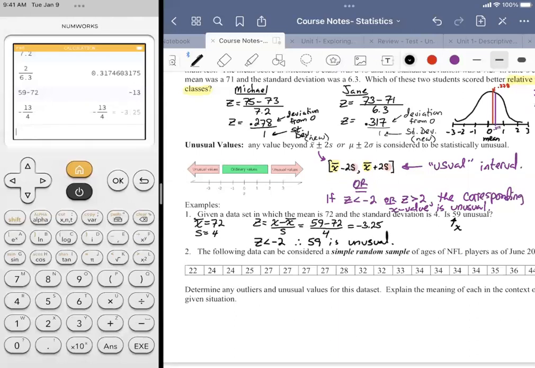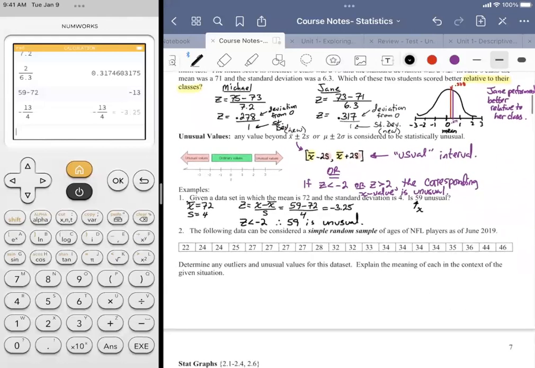But going the other way, unusually high, you're feeling like a champ. Because then it's like, oh, wait, I did so well that my score is considered unusual. That's how well I did. Oh, I like the sound of that. So it's a simplistic example, but that kind of hopefully gets the point across.